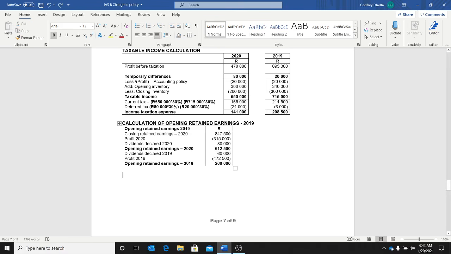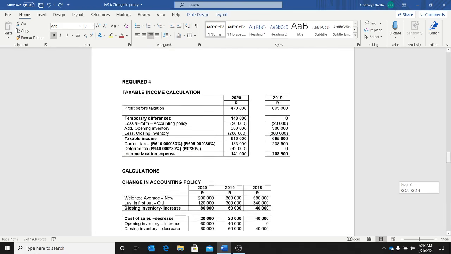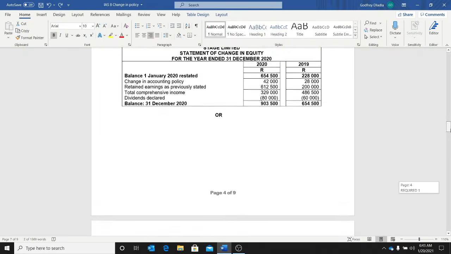All right. So if you say 847,500 minus 315, this minus this plus 80, then it will give you 612,500.